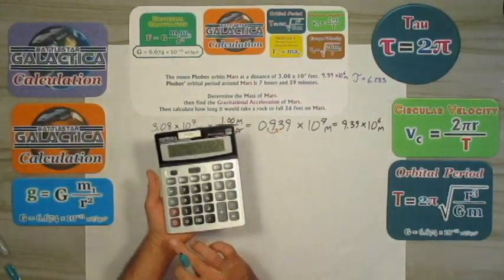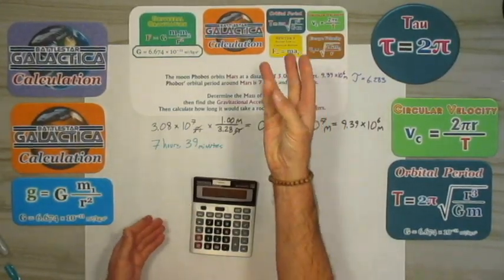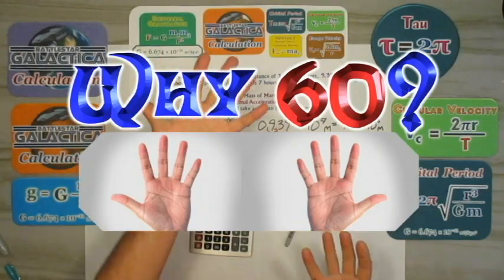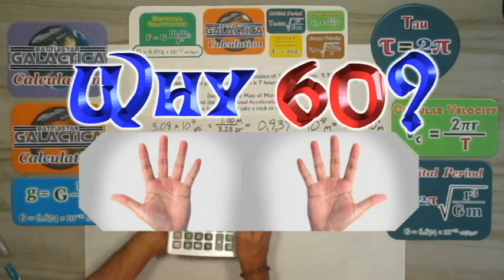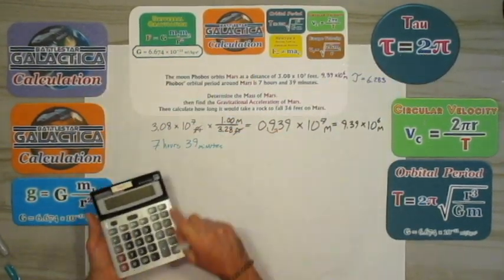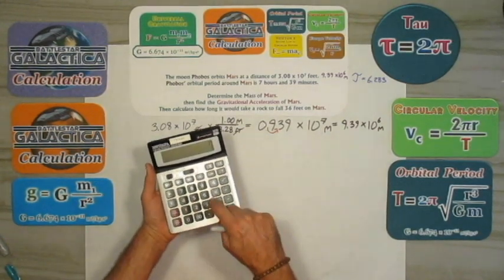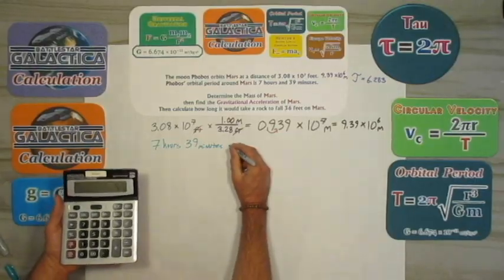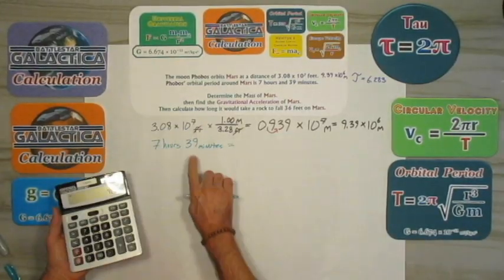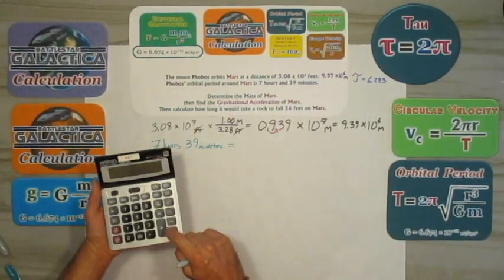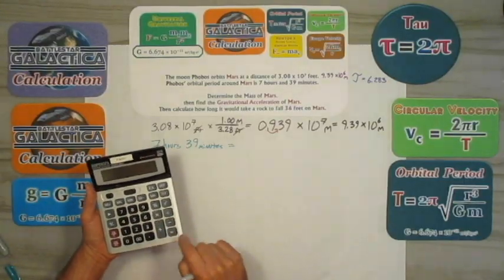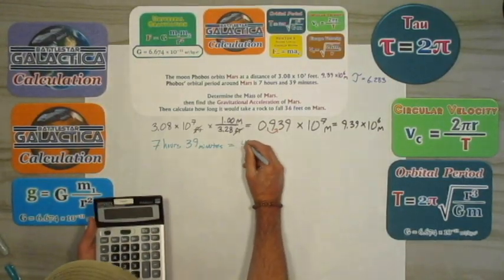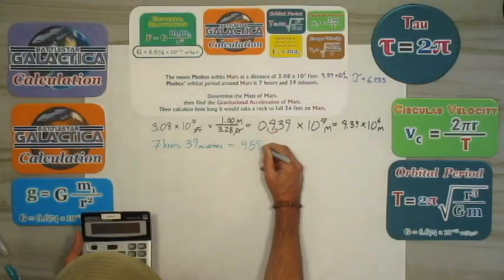Because of the Mesopotamians and the way they counted up to 60, there are 60 minutes in an hour. So I'm going to take 7 times 60, right? That's 420. And then I'm going to add the 39. Plus 39, and that gives me 459 minutes.